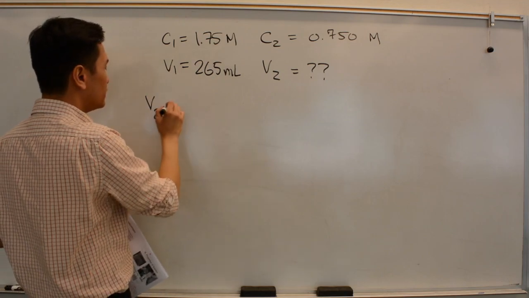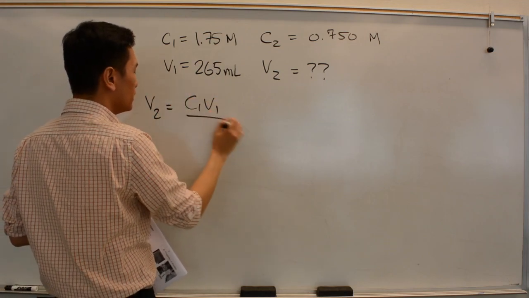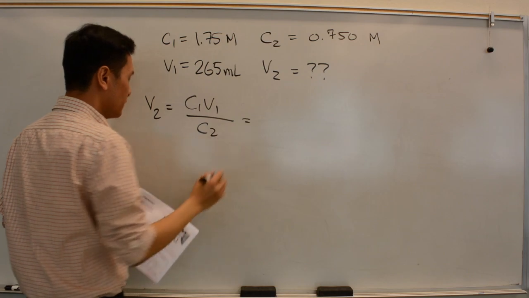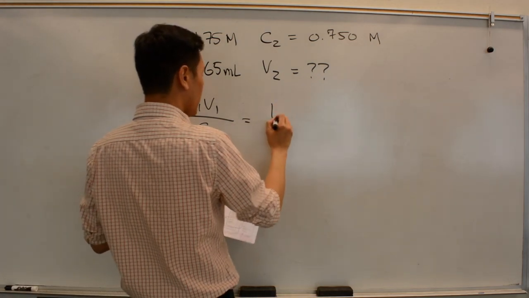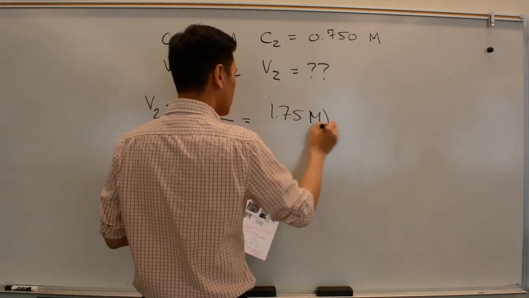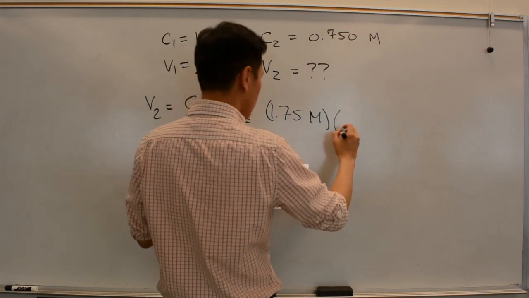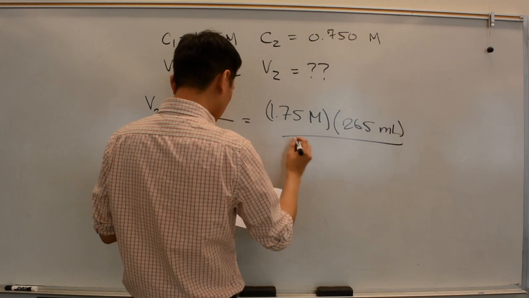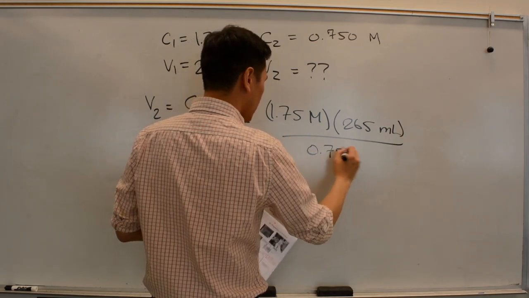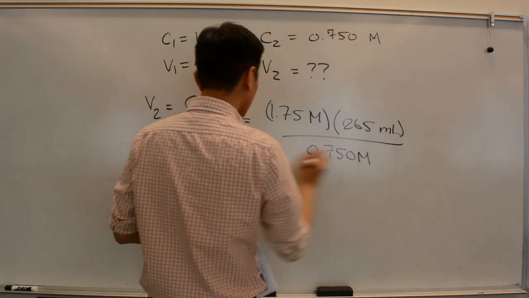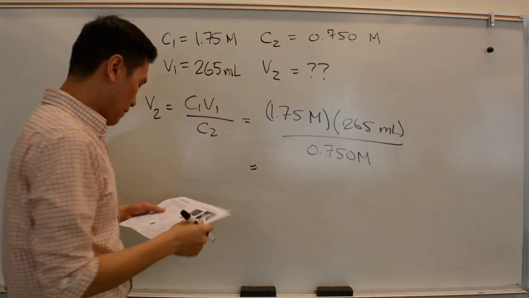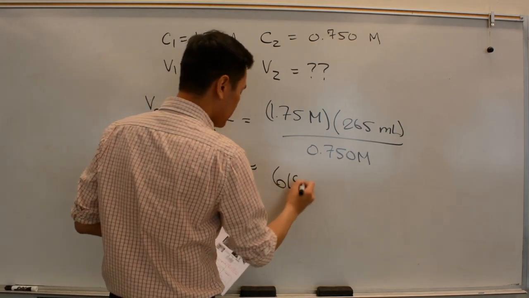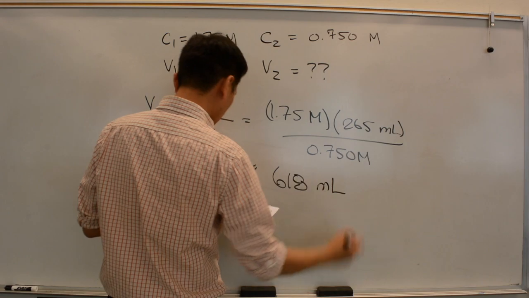So simply V2 is equal to C1 V1 divided by C2, which is 1.75 molar times 265 milliliters divided by 0.750 molar. Doing that math, I get 618 ml.